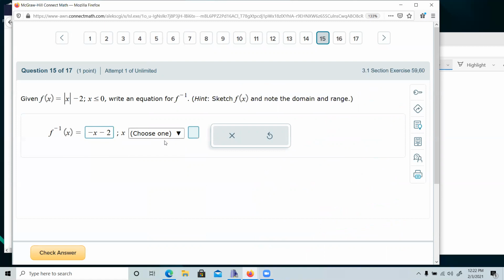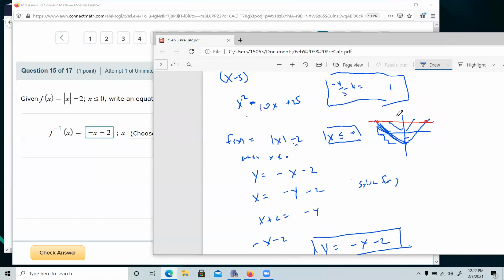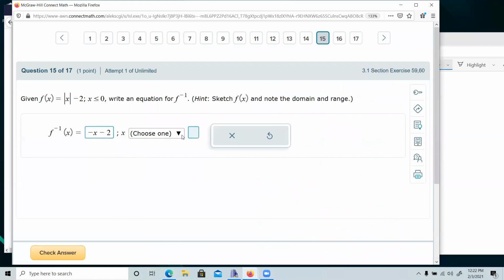They're going to want us to put the domain in. So I'm looking at this, and I think our domain is going to be, again, when x is over on this side. So x has got to be less than or equal to 0.